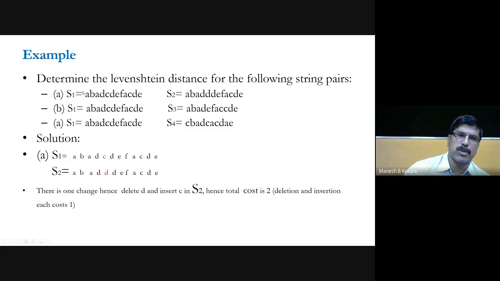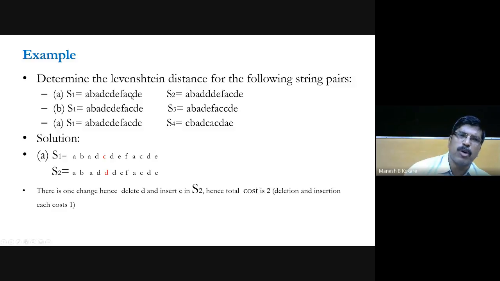To find out the distance, or the similarity, between the languages of two classes, suppose S1 is one class, S2 is another class, S3 is the third class, and S4 is the fourth class. Now we can find the edit distance between S1 and S2.